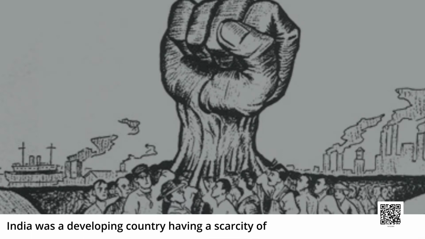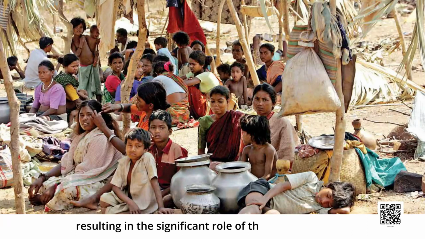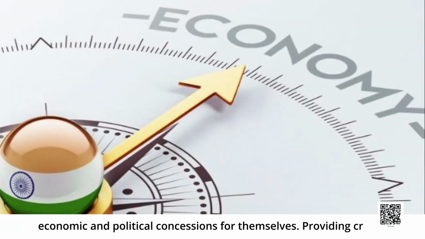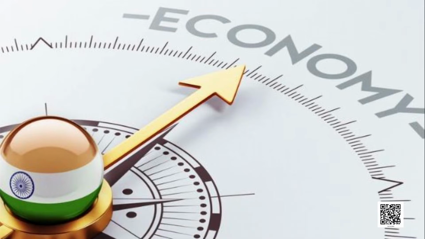India was a developing country having a scarcity of resources and acute poverty, resulting in the significant role of the pressure groups. The aim of pressure groups was to secure economic and political concessions for themselves, providing crucial components of the structural equilibrium, that is, maintenance function.